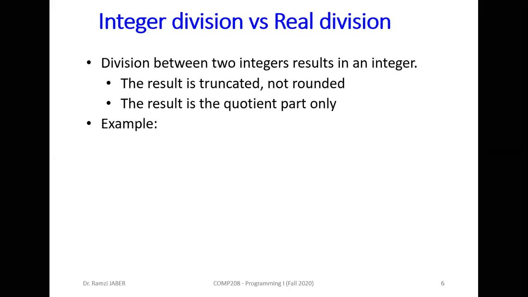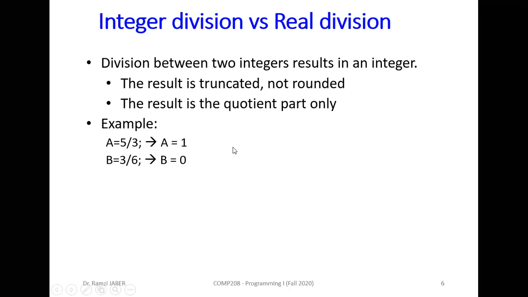Example: if we divide a equals 5 over 3, the result will be a equals 1, not 1.16 or 1.17. Integer 5 divided by integer 3 gives only the quotient part, the integer part, without decimal numbers.